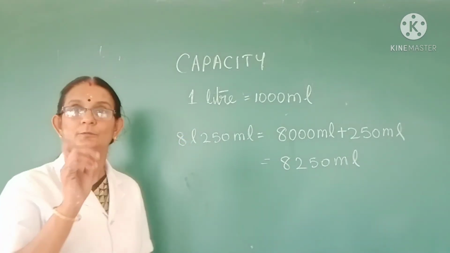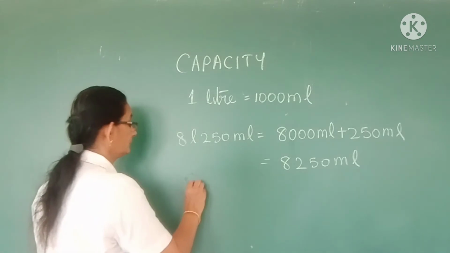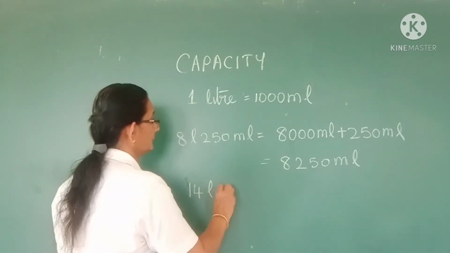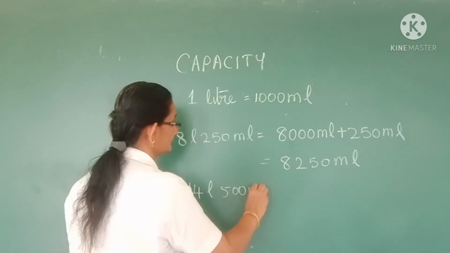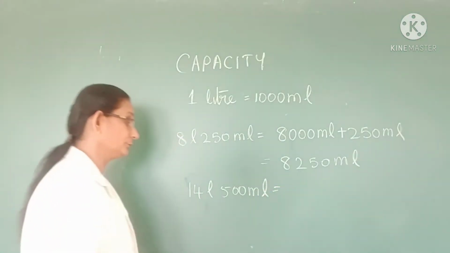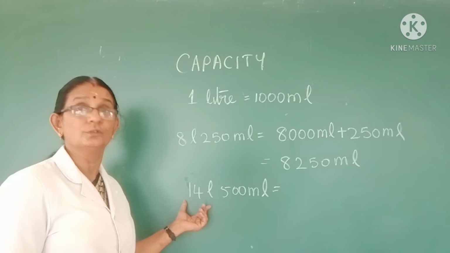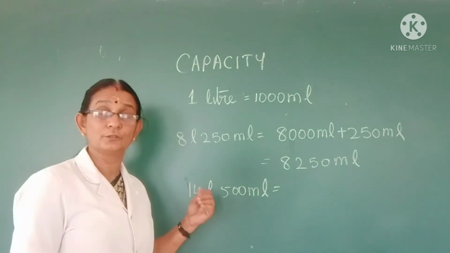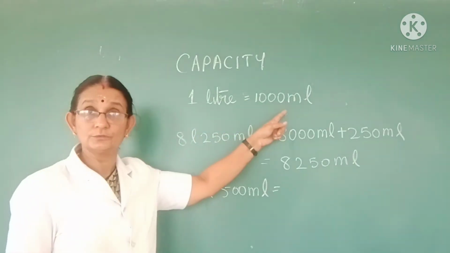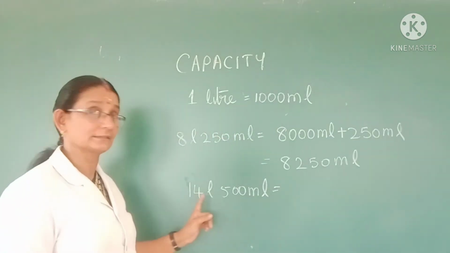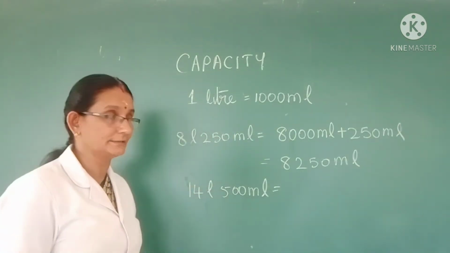Did you understand how to convert liter and milliliter to milliliters? Yes. Let us do one more example. 14 liters and 500 milliliters. That is equal to 14 liters. We have to convert 14 liters to milliliters. We know that 1 liter is equal to 1000 milliliters. So 14 liters is equal to 14,000 milliliters.